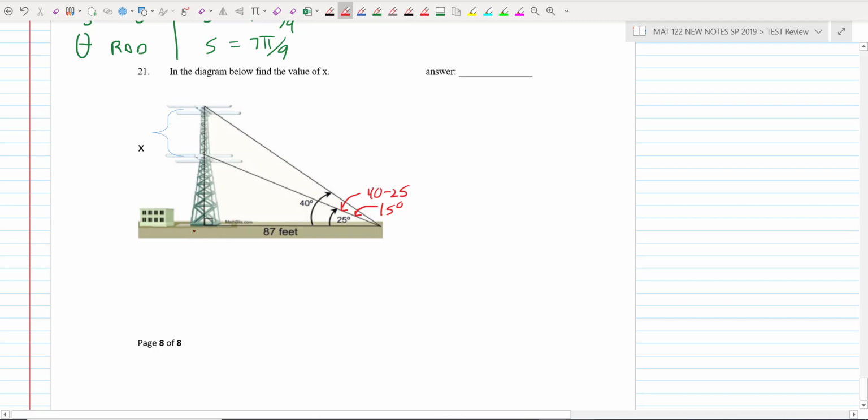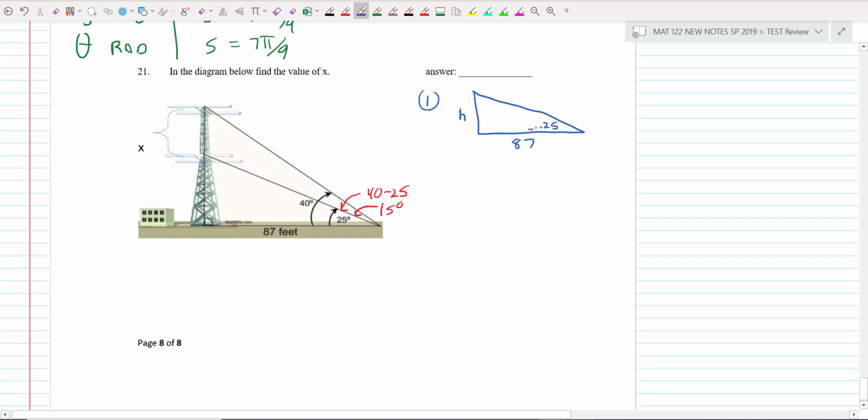Well, the way I look at it is I could find two things. I could find this side right here easy enough just by a right triangle. So let's start with this right triangle right here, which has a side of 87 and an angle of 25. I'll just call that h for the height.